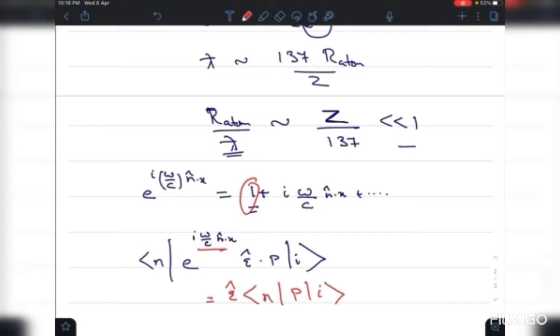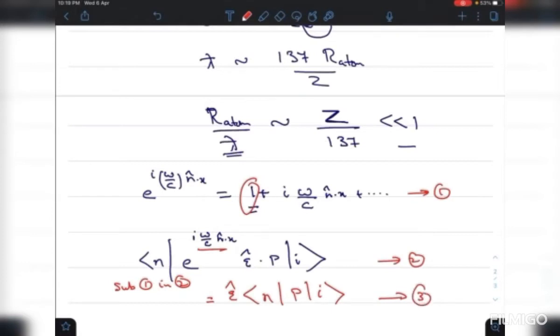Now look at this. So we'll just put this as equation 1, this as equation 2. So substituting 1 in 2, you will get this equation 3.